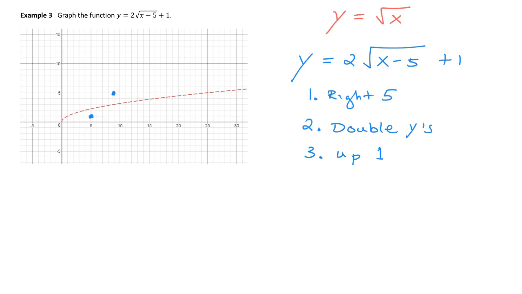Okay, and one other. Let's check out (9, 3). Again, if I add 5 to it, that's going to go to (14, 3). If I double it, it goes to (14, 6) because I'm doubling the y value. And if I add 1 to it, that's going to be (14, 7).